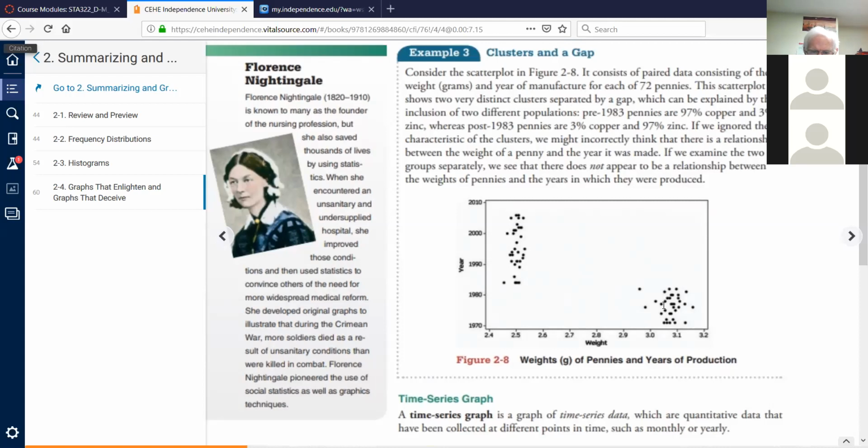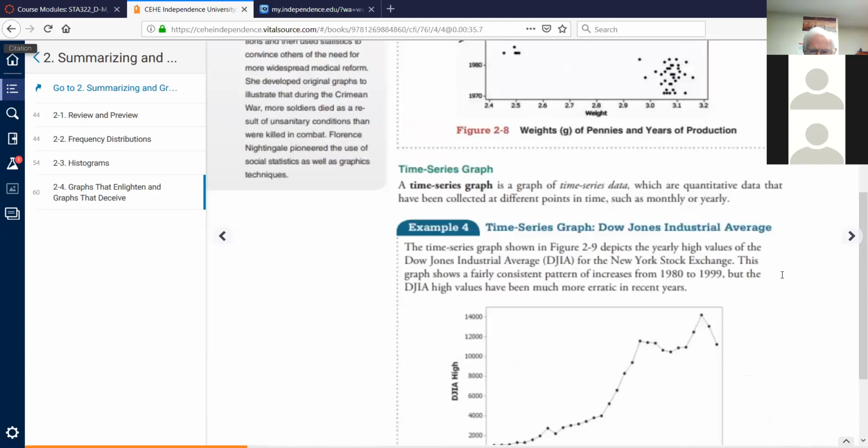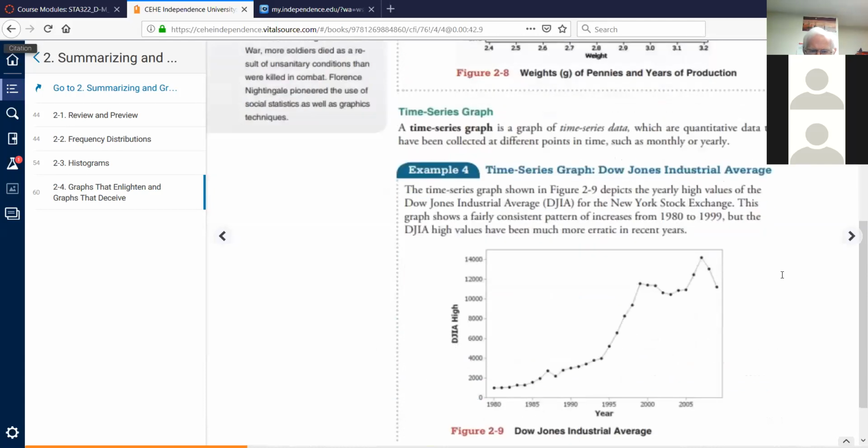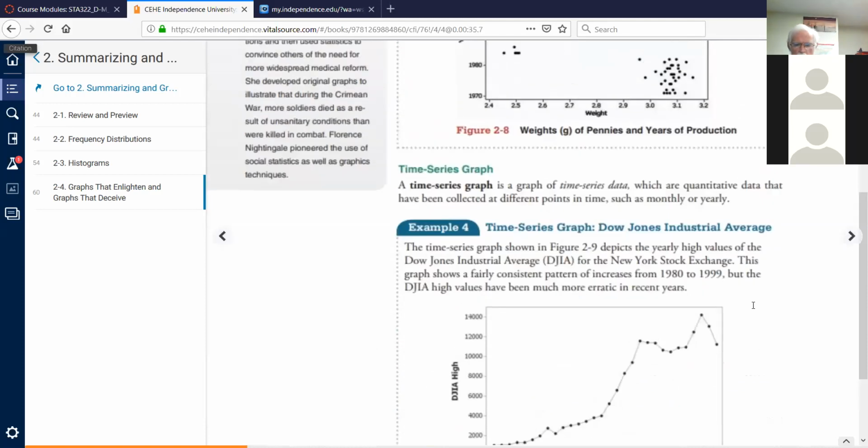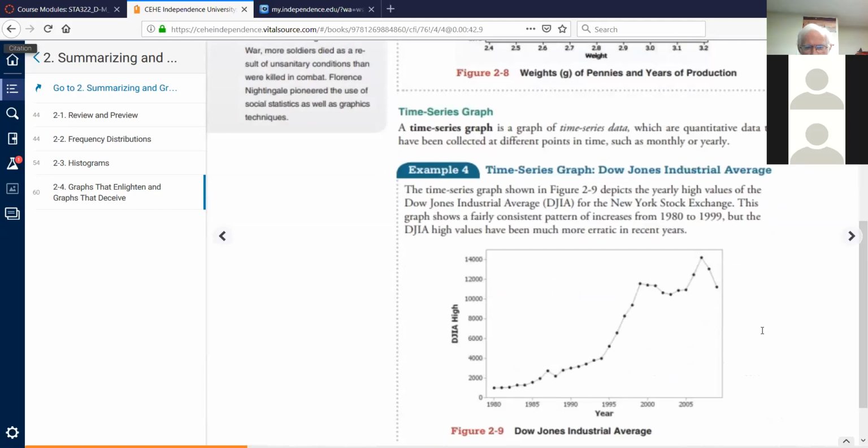But there's such a scatter there that we can't really say anything other than there's no relationship between year and weight.